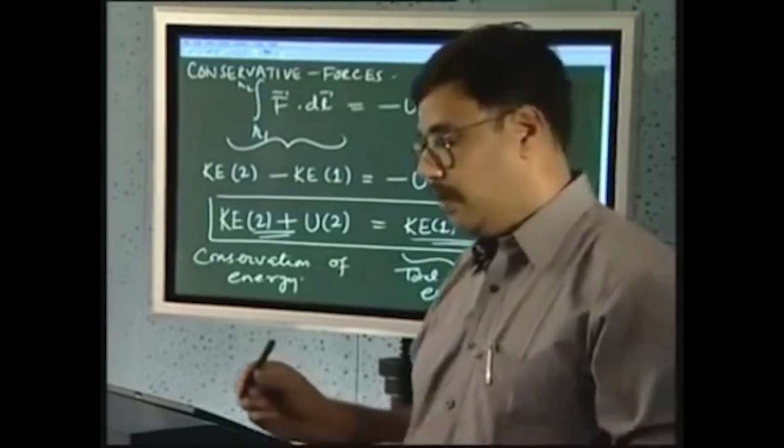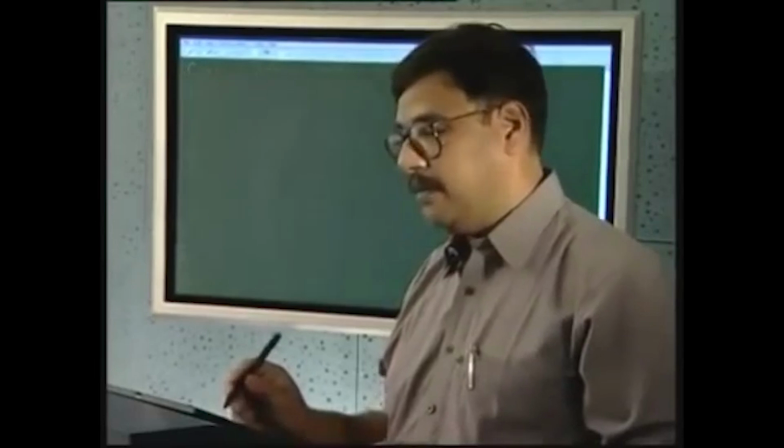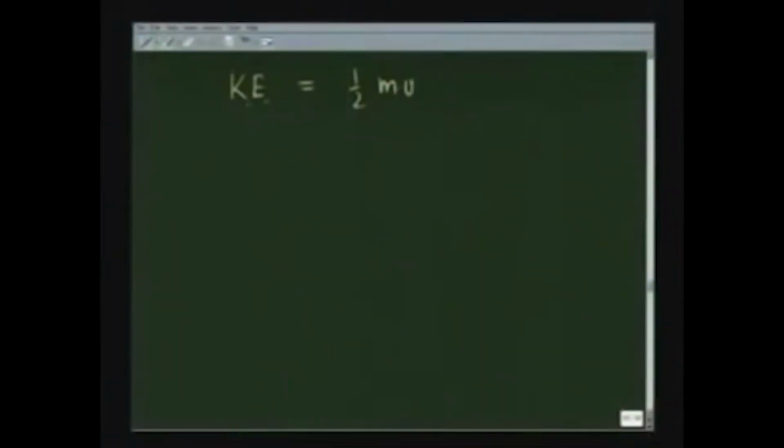So let us see what we have seen so far. We have seen that I can define the kinetic energy as equal to 1/2 mv squared, and work as the integral of F dot dl.